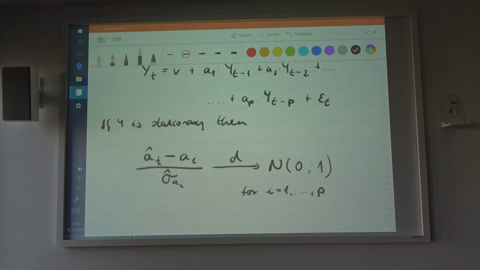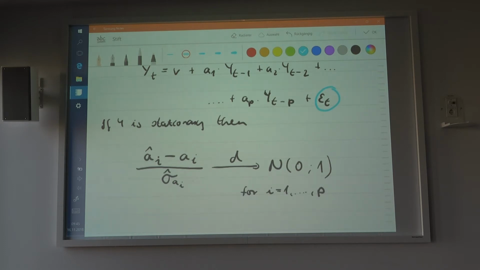If you have Gaussian error, a normally distributed white noise, then the coefficients will follow the t distribution. Remember that? But in any other case, this is always true no matter what.